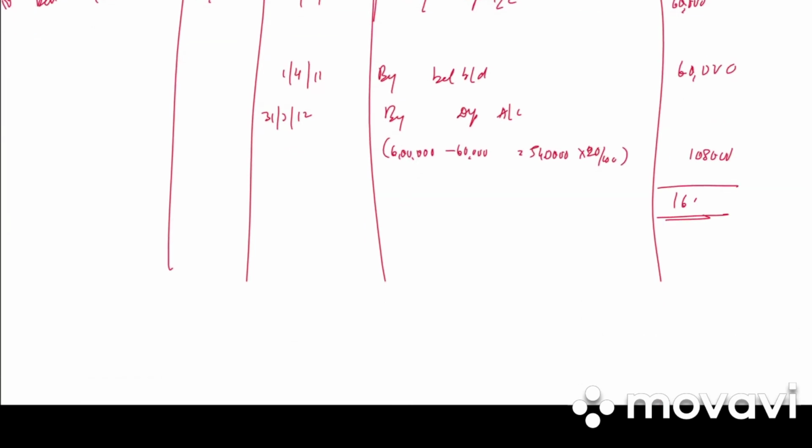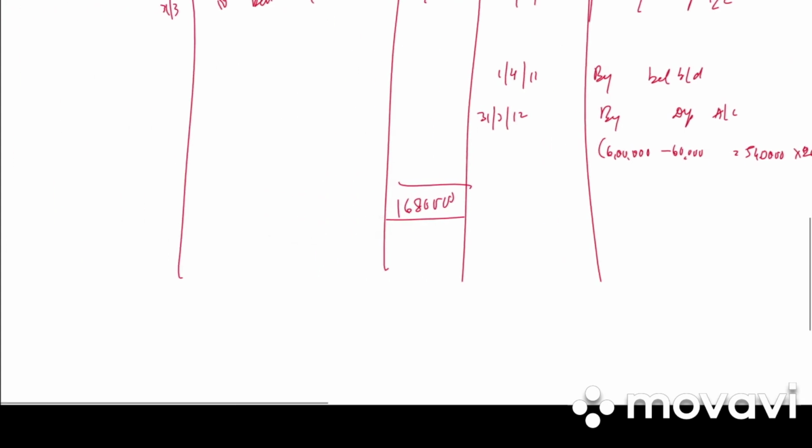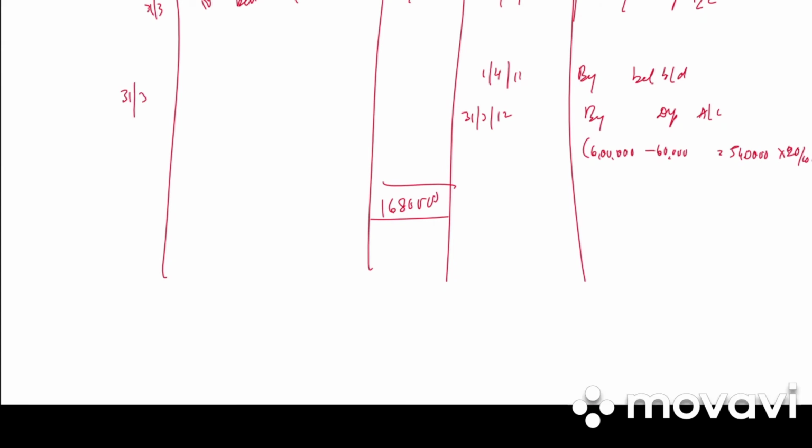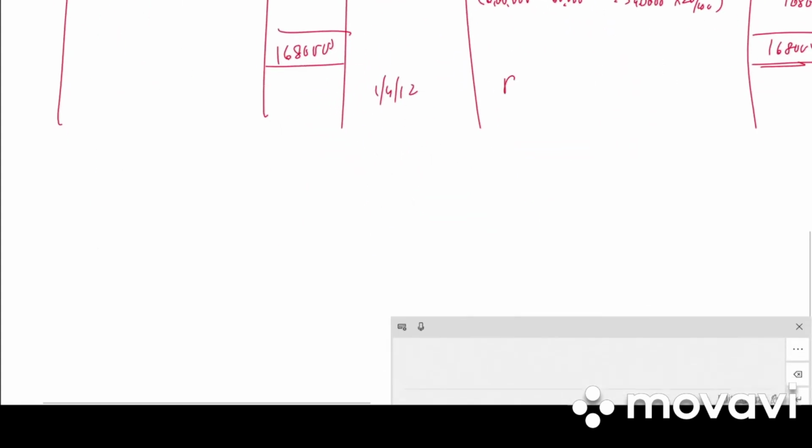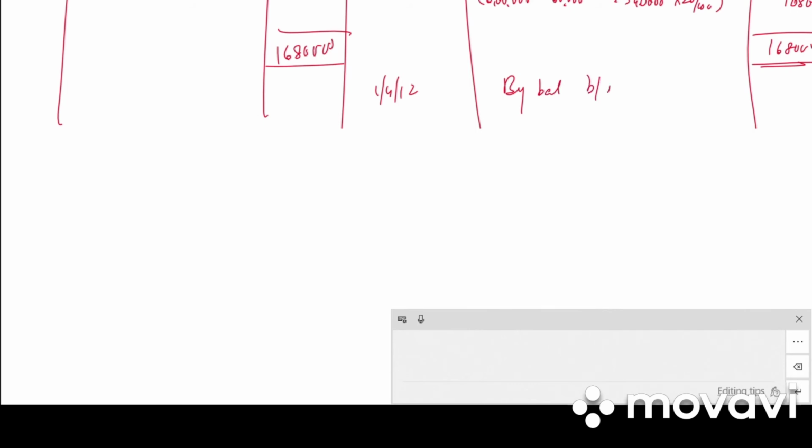So the total is 1,68,000. On 31st March to balance carried down 1,68,000. 1st April 2012 by balance brought down 1,68,000.